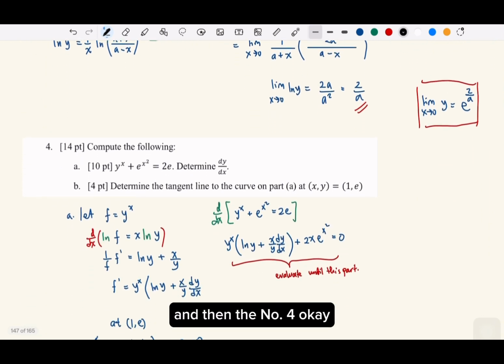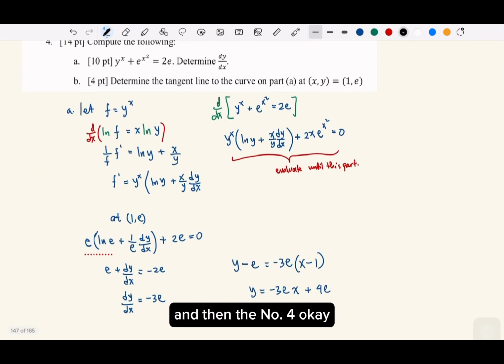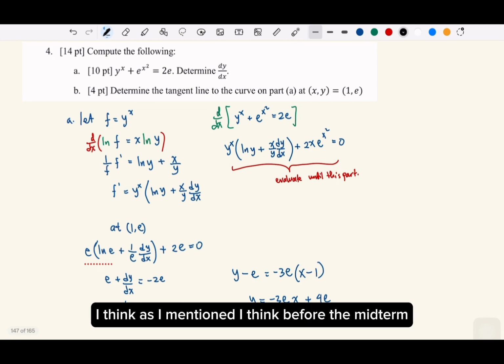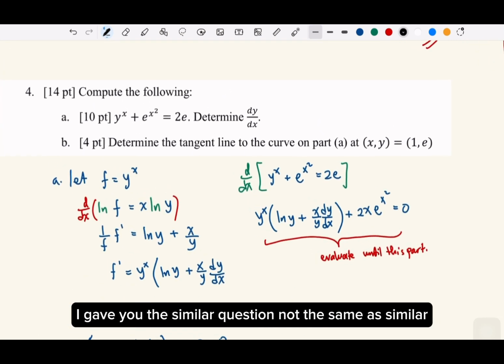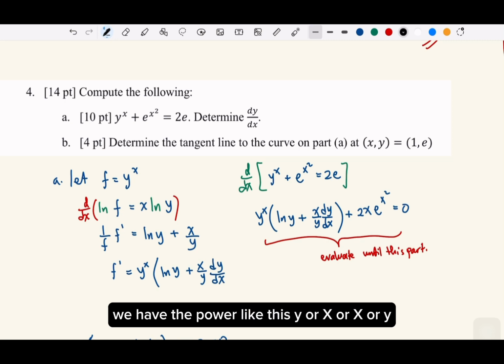And then number 4. Okay, number 4. I think, as I mentioned, before the midterm I gave you a similar question, not the same but similar. We have the power like this, y to the power of x, or x to the power of y.